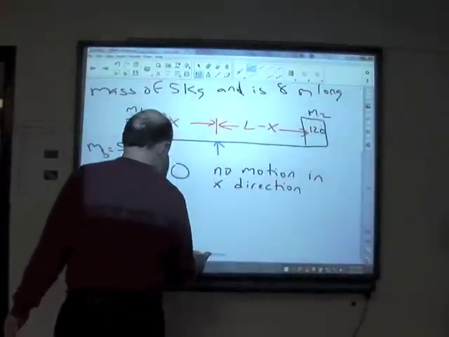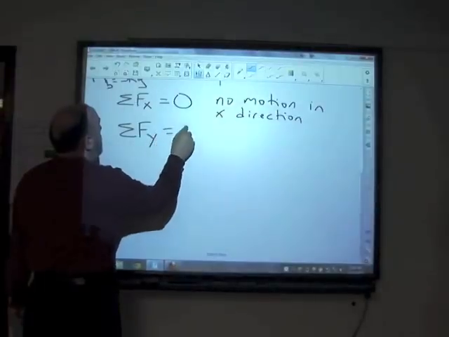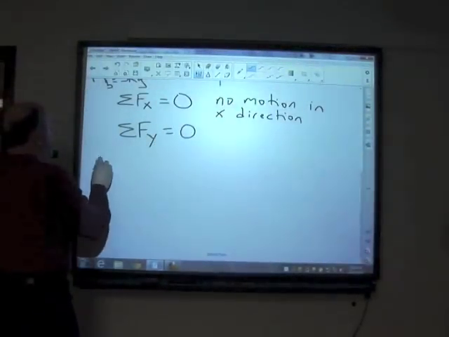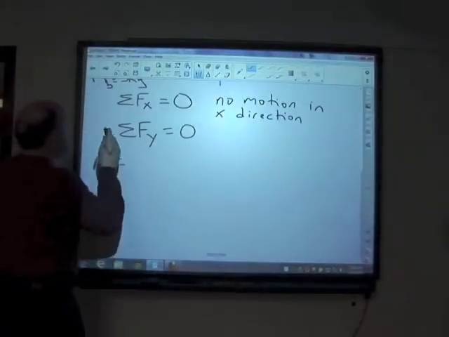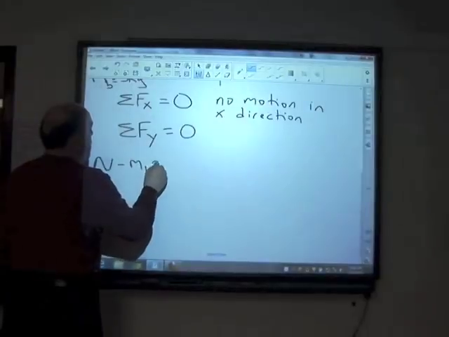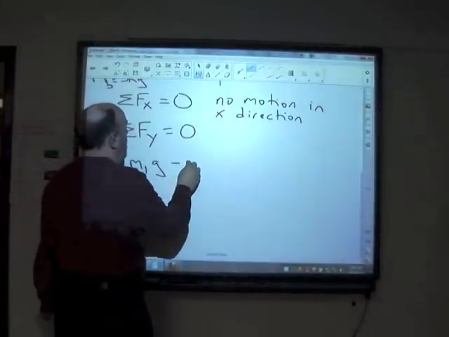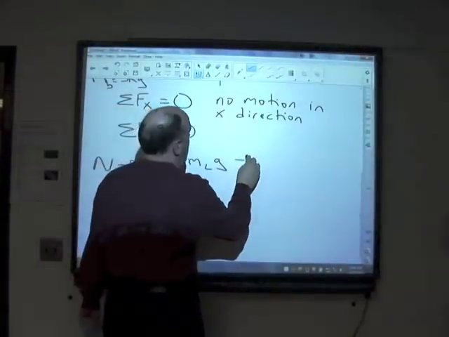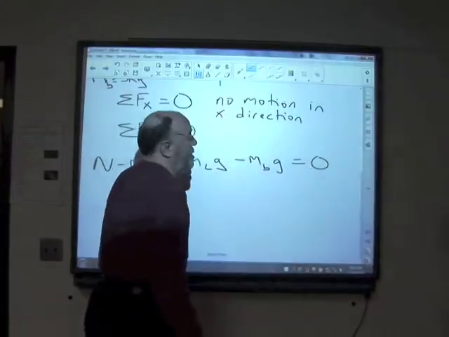And so in the y direction, we have that the normal force will be positive. We have the mass of my first block times gravity. We have the mass of the second block times gravity. And we have the mass of the board, also times gravity, and that will be 0.